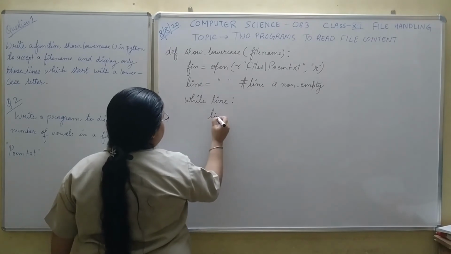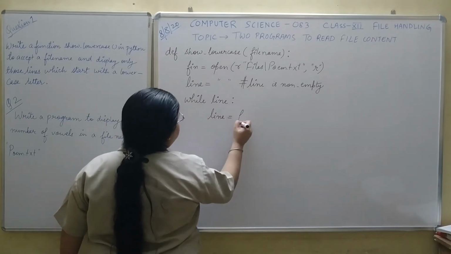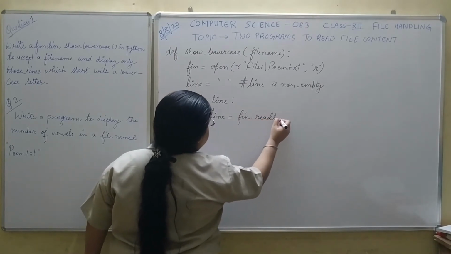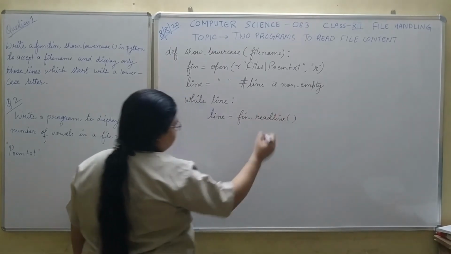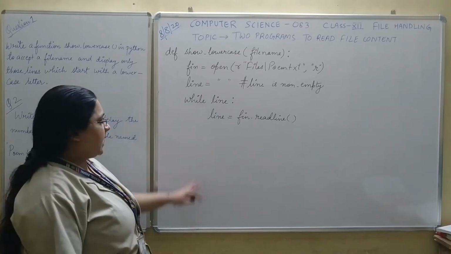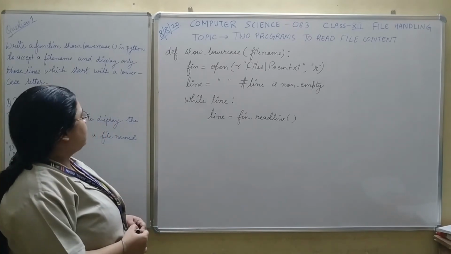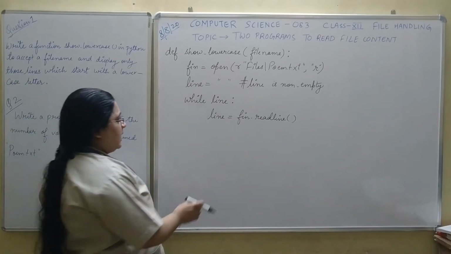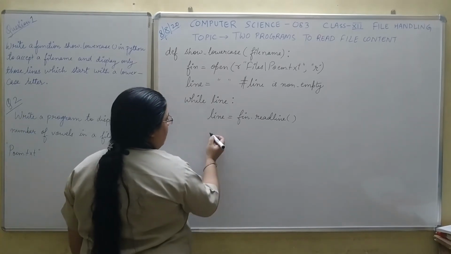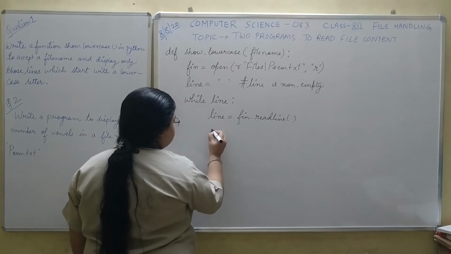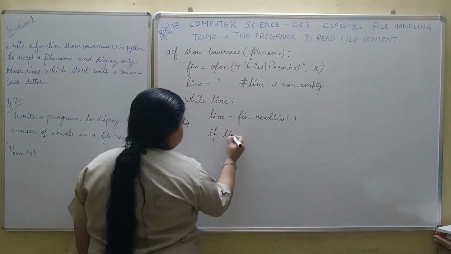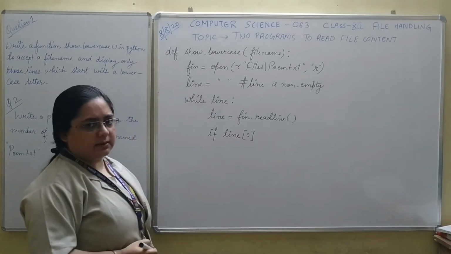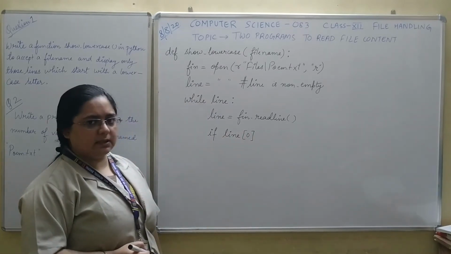So line equals fin dot readline. So one line will be read into it, and now we have to check does it start with a lowercase letter. Now because line is a string, how can we check? We will use list slicing here. If line[0], that is the first letter, line[0] represents the first letter.